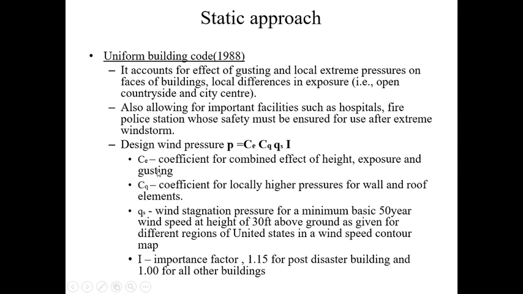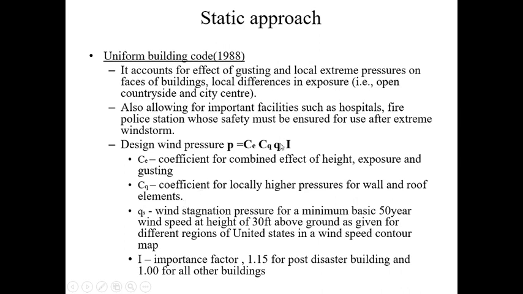Here Ce is the coefficient of the combined effect of the height, the exposure, that is the surroundings, and the gusting. Then Cq is the coefficient for locally high pressure for the walls and the roof elements.